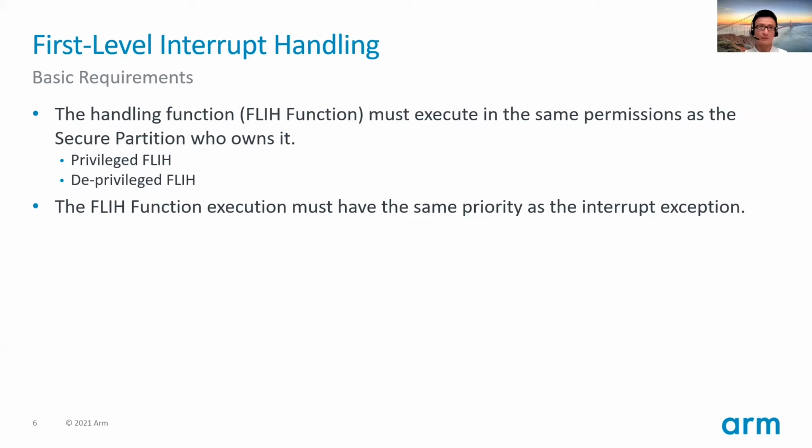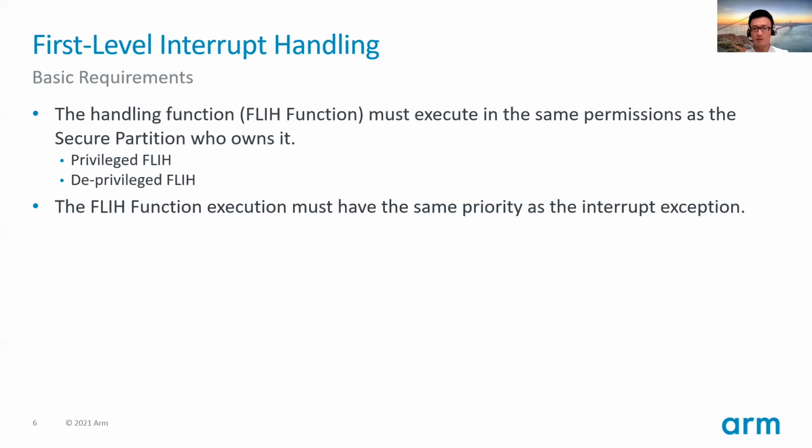So the FLIH is also divided into privileged FLIH and deprivileged FLIH. This requirement actually applies to the SLH as well. But as the SLH handling is in the secure partition thread, it naturally has the same permission as the secure partition.